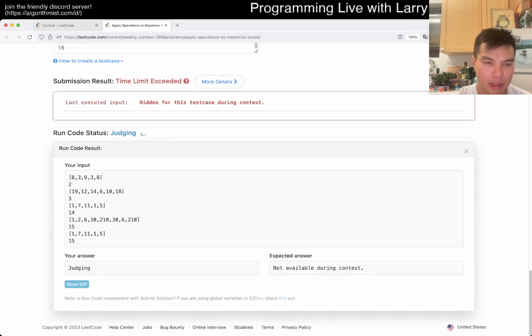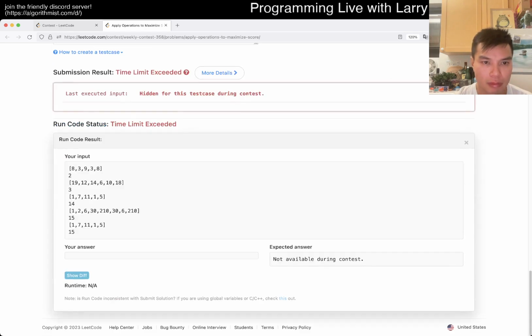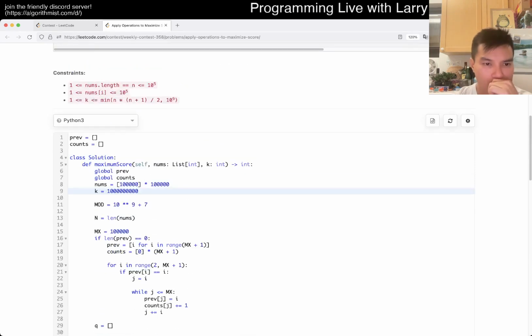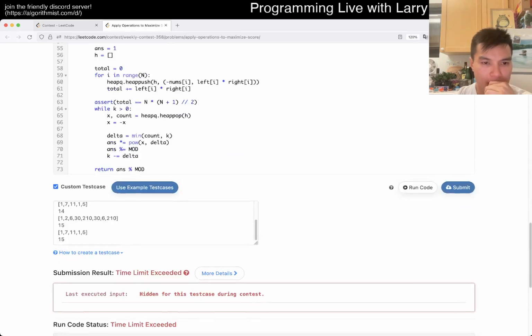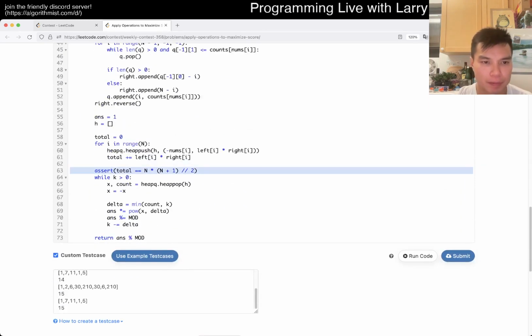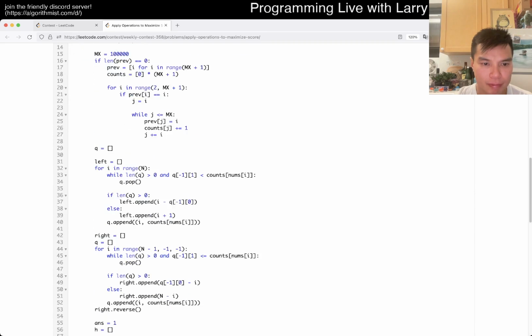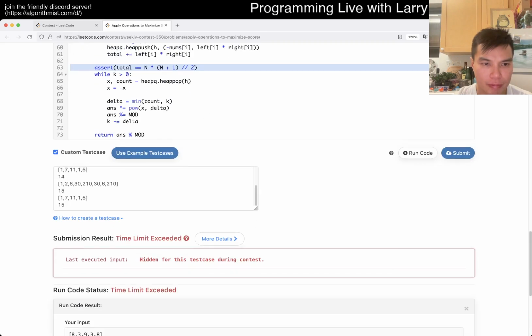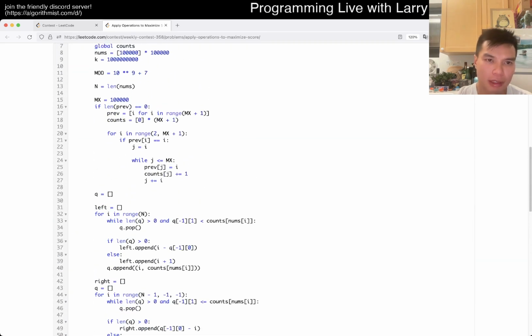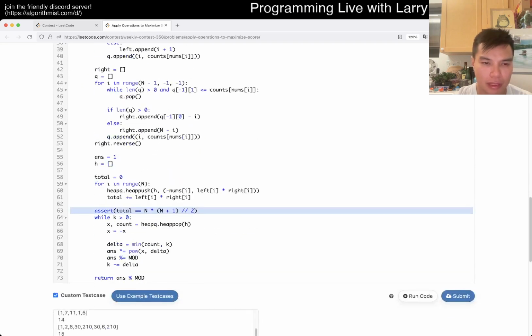Is it slow at least? If it times out, that would be interesting. Okay, so that's good. In that I don't know why this times out. Why does this time out? Because the K is too big?